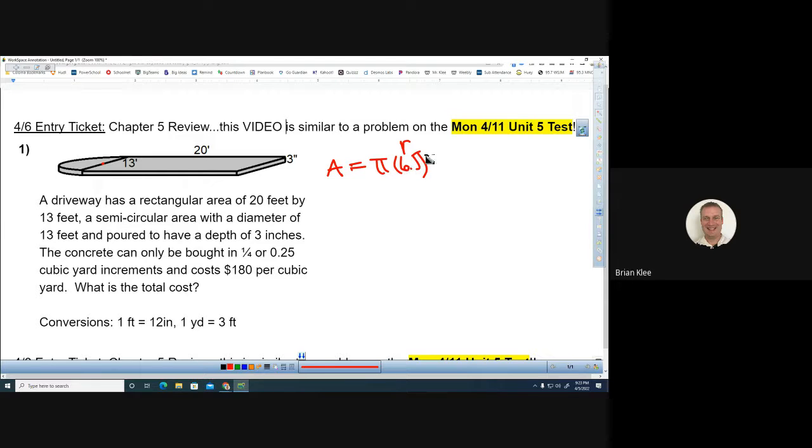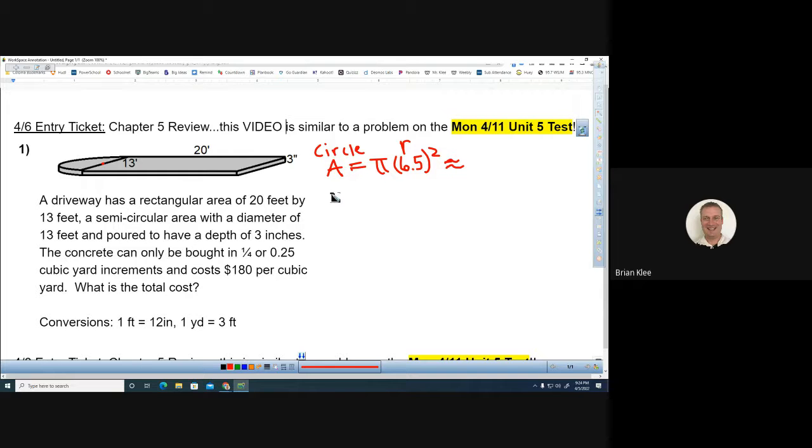So that's 6.5 squared. I'll make that neater. There we go. So we've got radius squared, and that'll give us the area of this circle. We'll get that with the calculator here in a second.